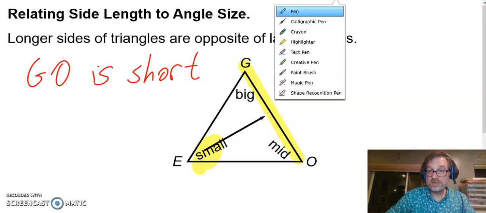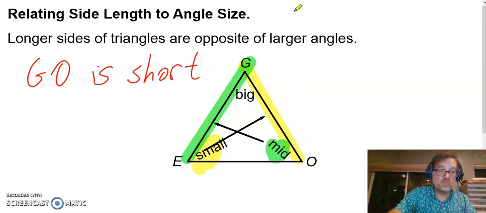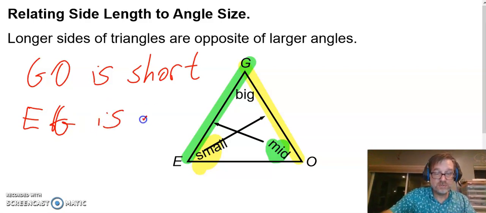The same with our middle angle. Here's our middle angle. We come out across from the middle angle, so we are looking at the side it is pointing at. It is this one right there. So we know EG is my middle side length.